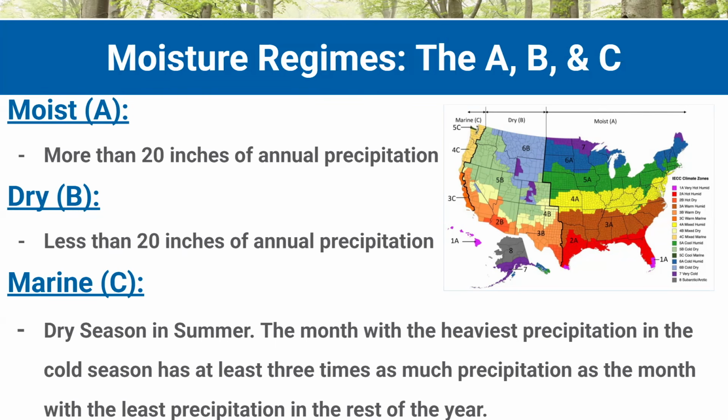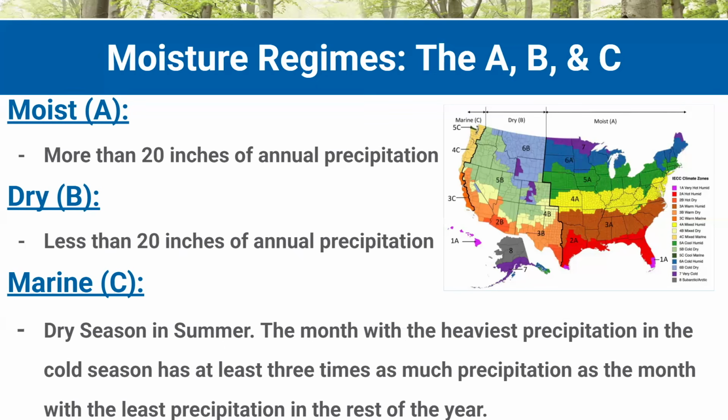And marine is an interesting category because you're having a drier summer and a wetter winter. So you're having most of your precipitation during the winter, maybe while it's snowing, and you tend to have a drier summer season. That's the distinguishing between marine and the others.